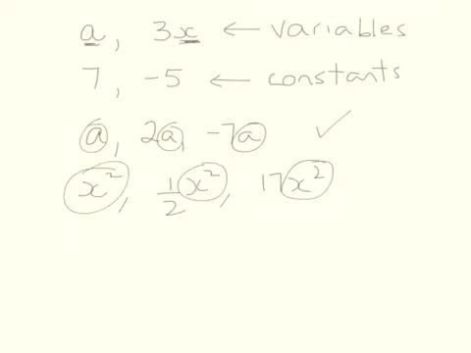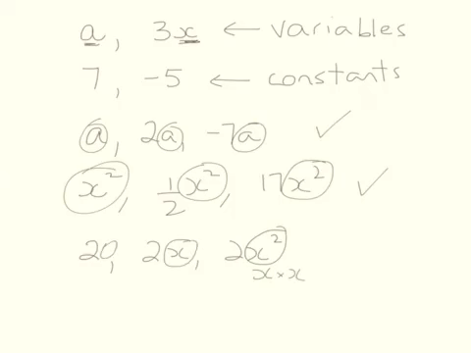So yes, these are like terms, but if I had something like 2x, and 2x squared, the letter part, remembering that x squared is really x times x, is different to this x, and this one hasn't even got an x. So no, these ones are not like terms.